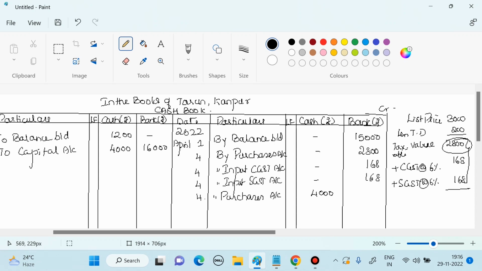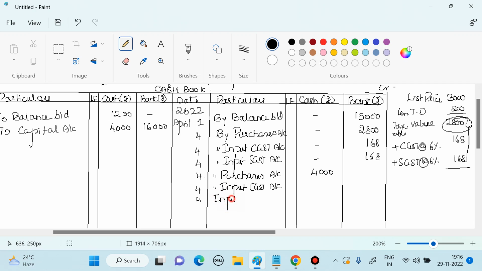This is also a case of intrastate, so on the same date we will write by input CGST account and input SGST account. What is the GST? 6% of 4,000 is 240 CGST, 240 SGST in the cash column. Is that clear? Very good.